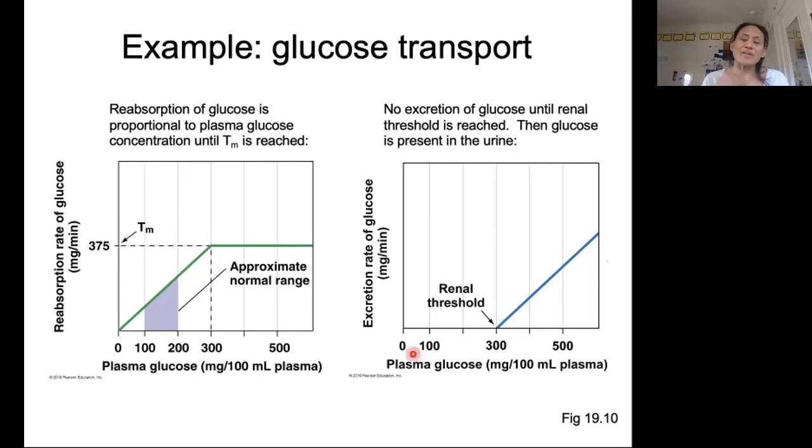Okay, and this actually is sort of the origin of the term diabetes. So the full name for diabetes is diabetes mellitus. Mellitus means sweet, okay? And that sweet characterization comes from the presence of glucose in the urine.